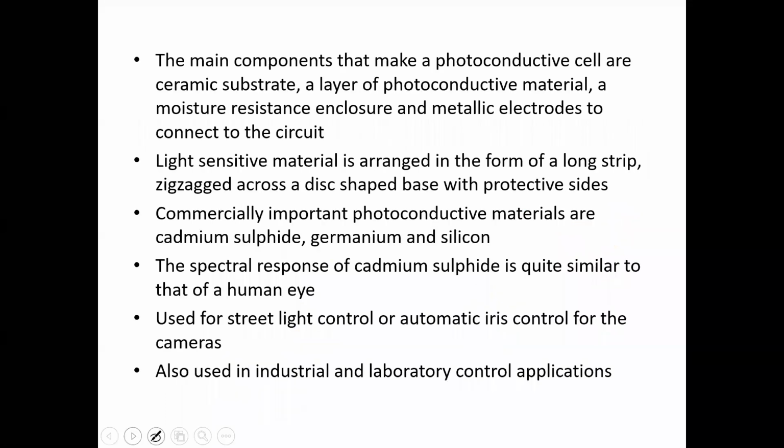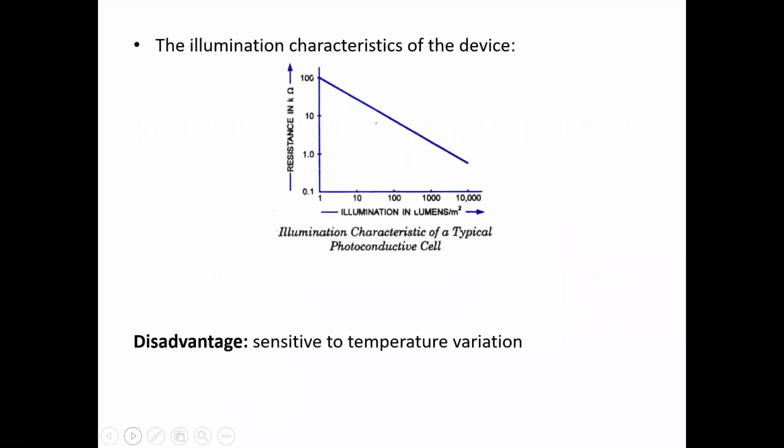And the relation between the illumination of the light or luminous flux and the change in resistance of a particular LDR can be shown like this, which has a linear relationship. You can also see that the resistance value is shown here in kilo ohms.